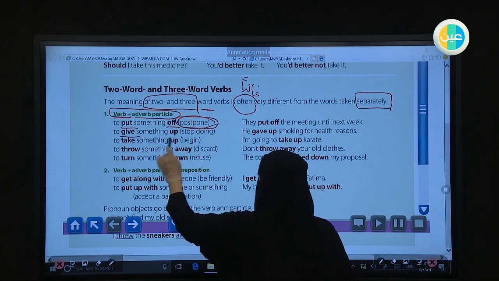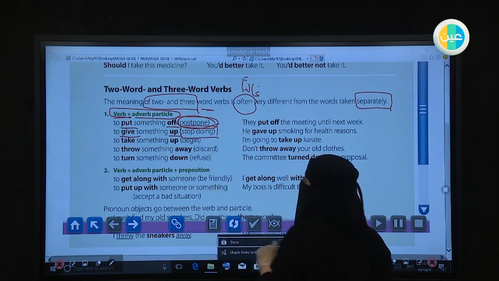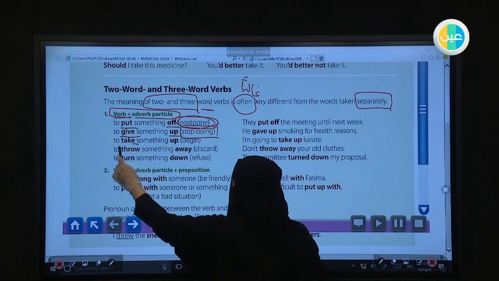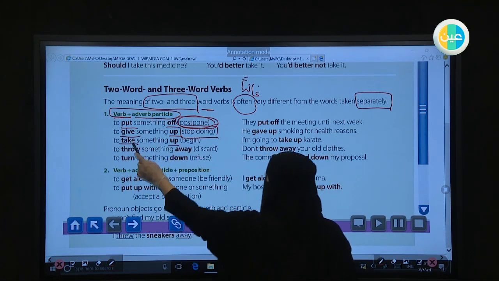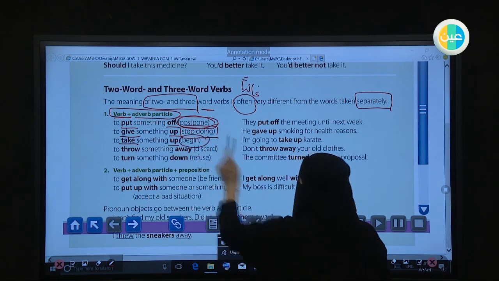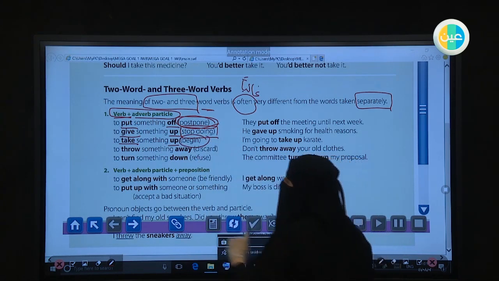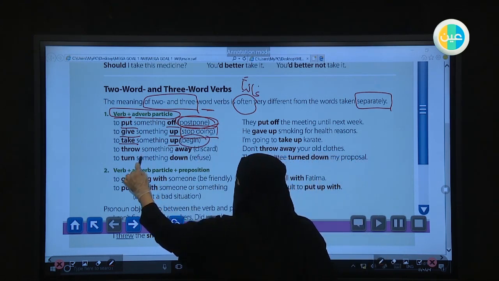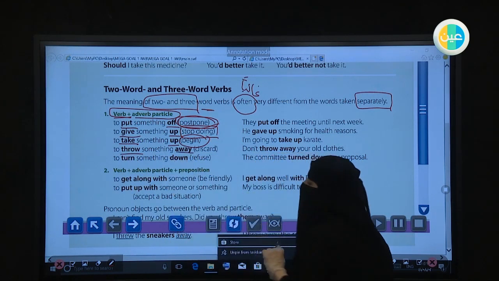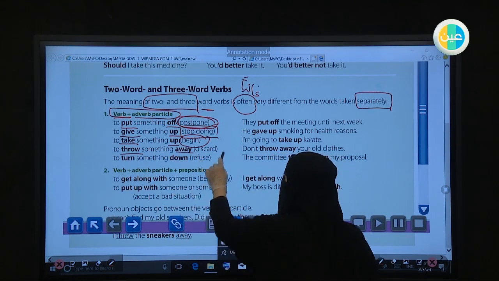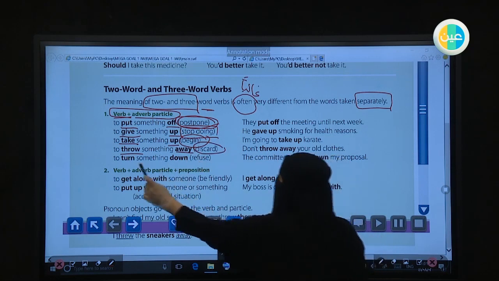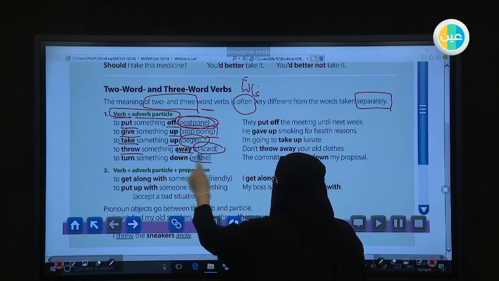So give up means stop doing. Number 3, take something up. So take up means begin. Number 4, throw away means discard. Turn down means refuse.